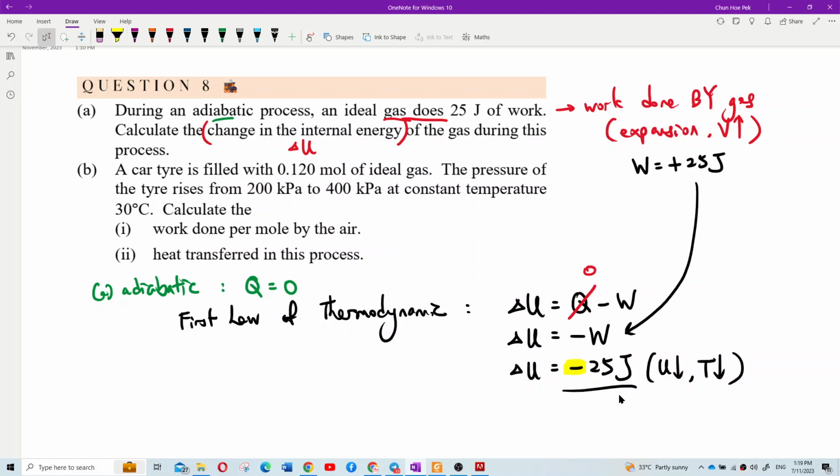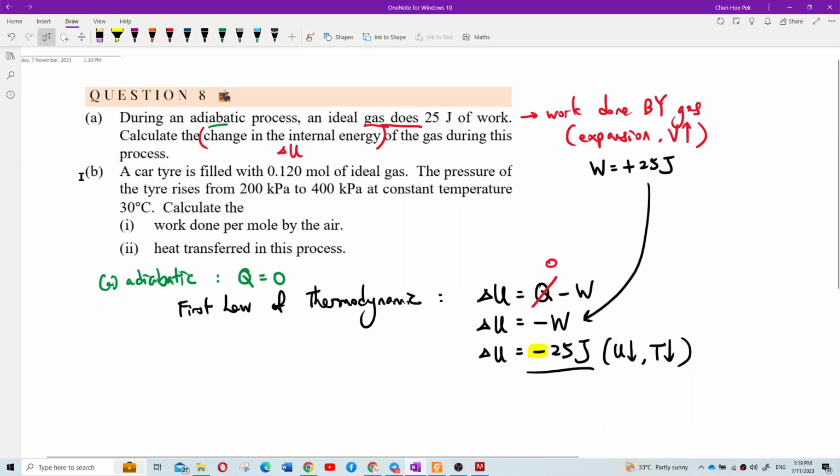The gas becomes colder. Why does internal energy decrease? Because it used up some energy to do some work by expansion. Understand now? It uses its own internal energy to do work by expansion. So that's why internal energy decreases. The gas becomes colder, meaning it lost internal energy. Negative.